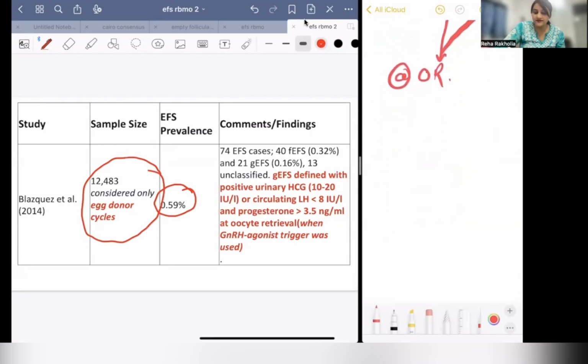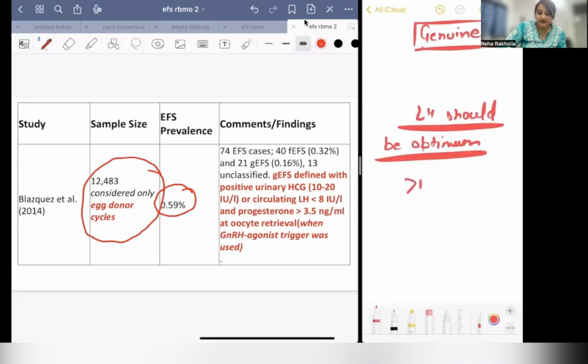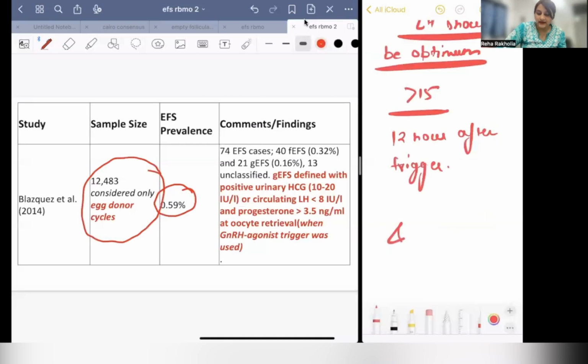In genuine empty follicular syndrome, LH should be optimum, meaning greater than 15, 12 hours after trigger, and HCG should be optimum at oocyte retrieval.